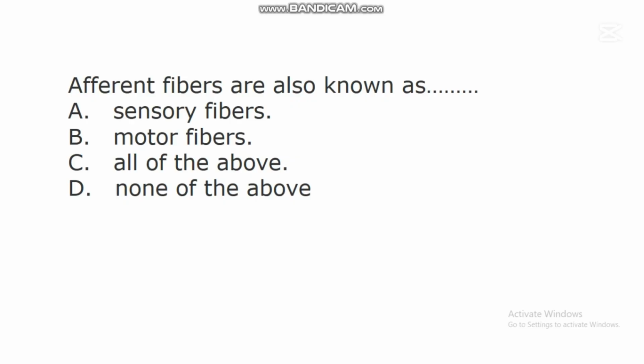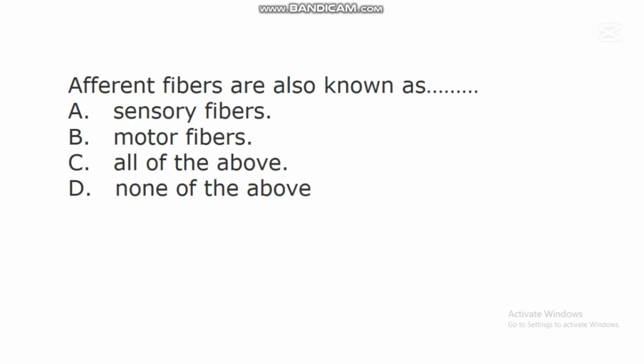The next question says, afferent fibers are also known as dash. A. Sensory fibers. B. Motor fibers. C. All of the above. D. None of the above.